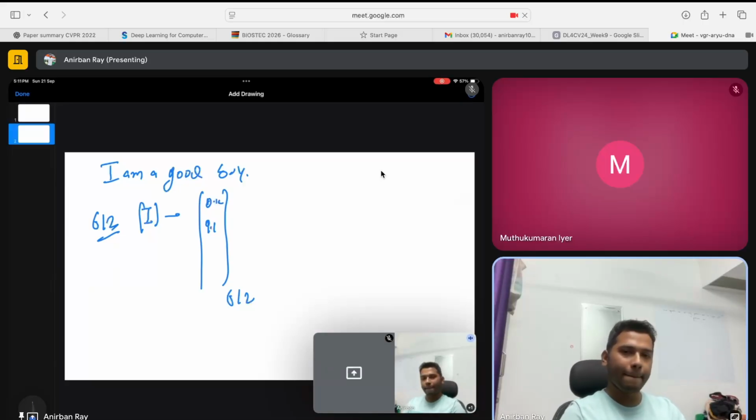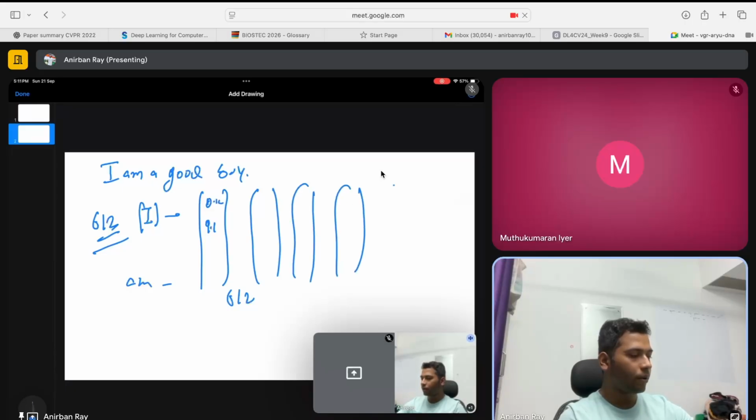Each token in the dictionary can be represented in the form of an embedding, and the dimension of the embedding is 612, so it is a vector of dimension 612. So "I" can be represented like that, "am" can be something else. Now you stack them together: the I vector, then am, then a, then good, then boy.